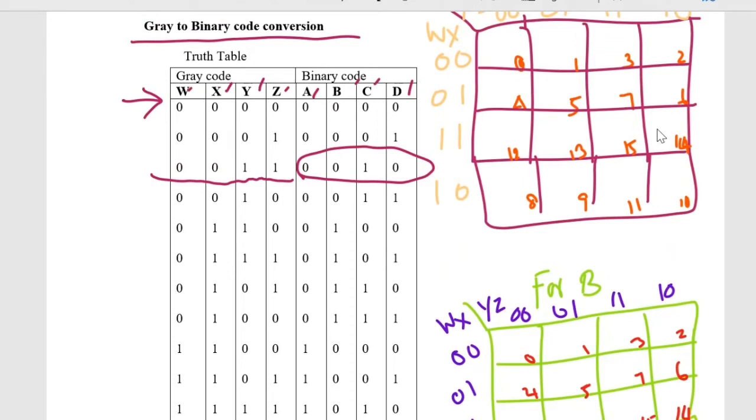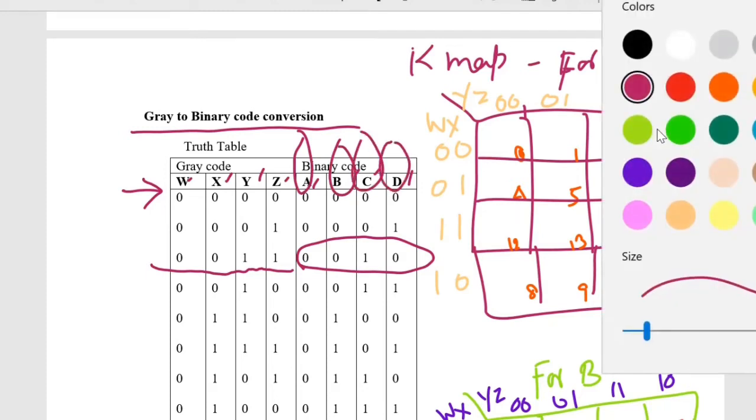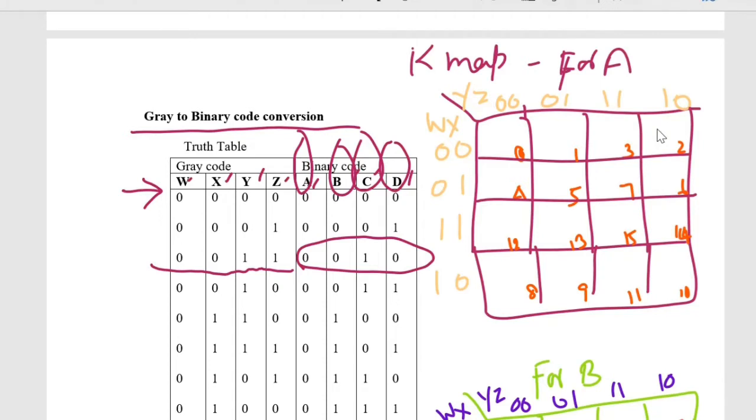After making the same, now construct a K-map. Now we need to do the K-map for the four outputs A, B, C, D. Now we'll see the K-map for A. So what are all the combinations of gray code for which we have high outputs for A?